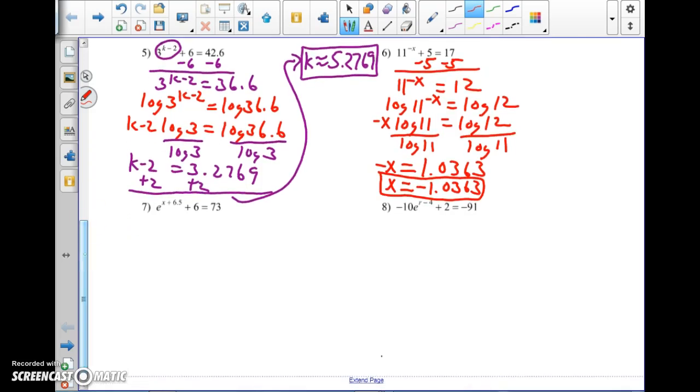Problem number 7, get e, the base, and the exponent by themselves. You must subtract 6, that means. Next, ln both sides. Swing.